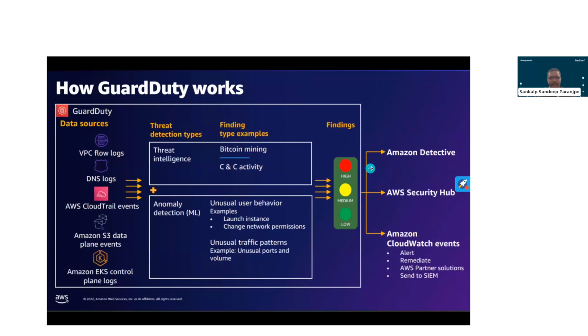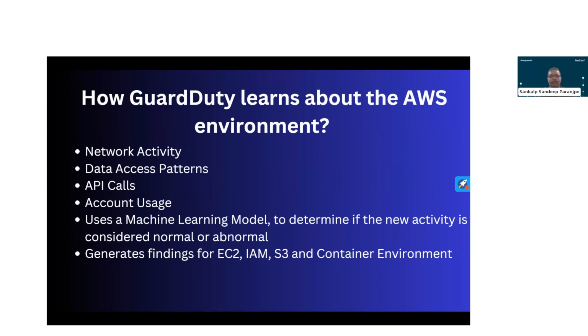Later, these findings are sent to Security Hub or CloudWatch or any other tools for further investigation. Then, coming to how GuardDuty actually learns about the environment. One is the network activity, the traffic going in and out. Then the data access pattern. Then how the user is accessing the data, which is very important. Then API calls.